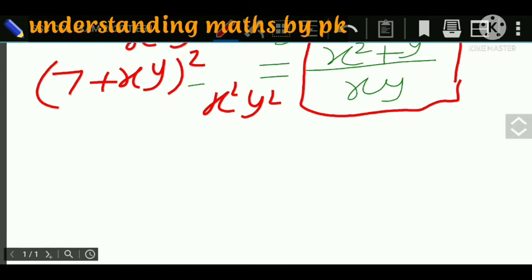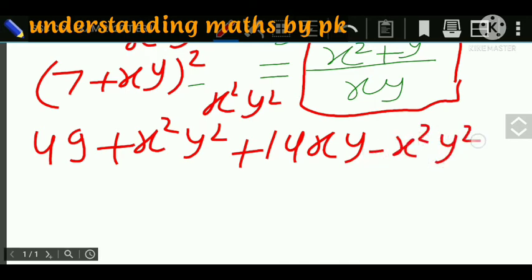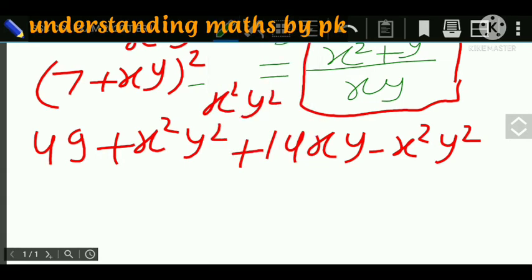On opening the bracket, this will be 7 sevens are 49 plus x square y square plus 14xy minus x square y square. This x square y square is of plus and this is of minus, so nullified.